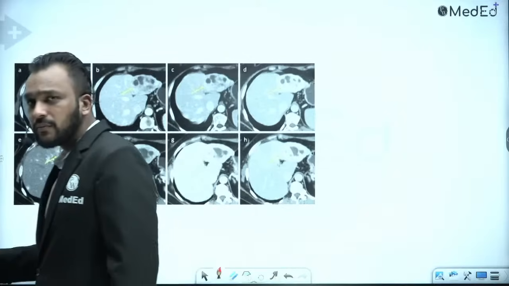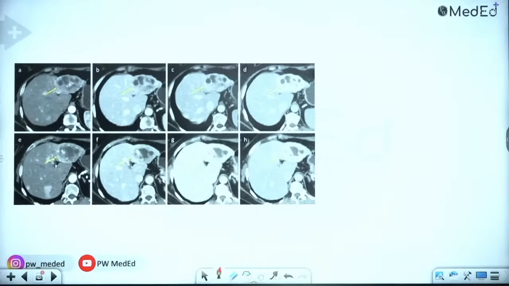Now take some time to look at this triple phase CECT abdomen image and tell me what is your diagnosis for this case. Let me give you a hint, this is the most common lesion of the liver.